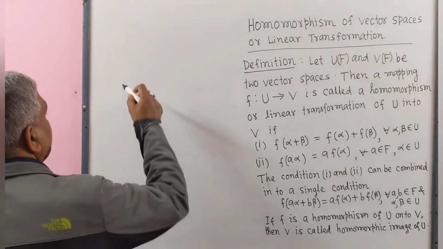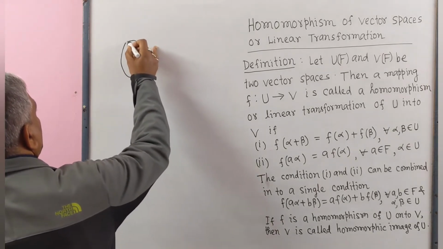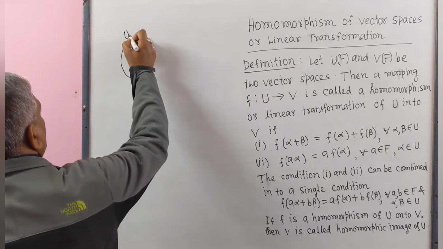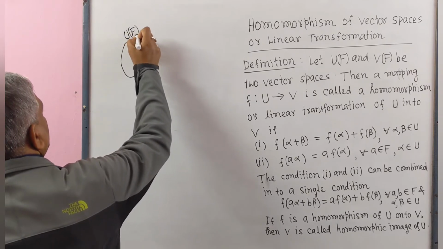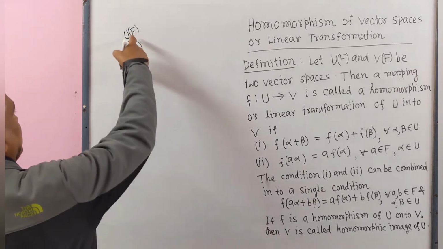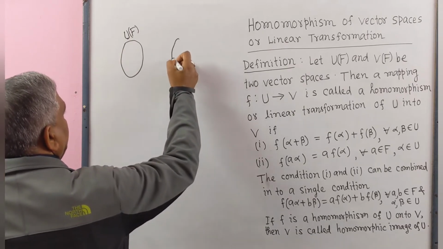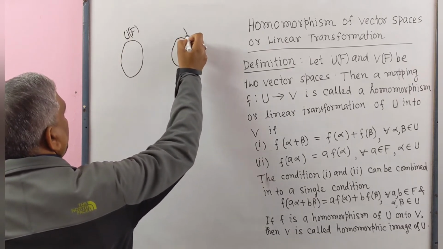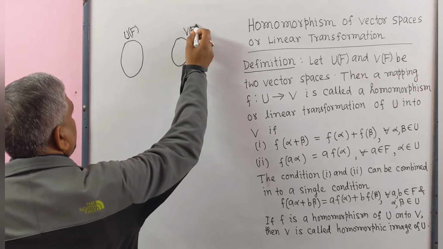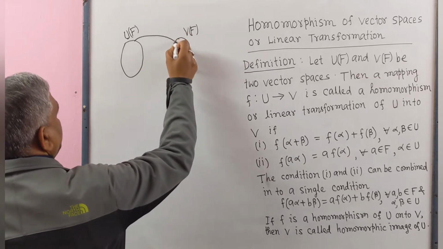Here we see that this is U(F), a vector space, F is the field, and V(F) is another vector space and F is the mapping.